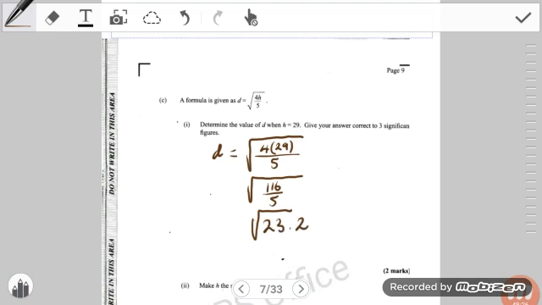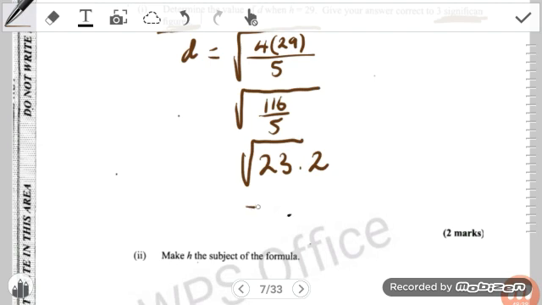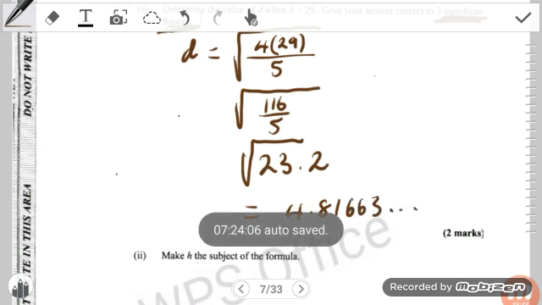So the square root of that 23.2, that's going to give us the result here of 4.81663 and so on. Okay, but we only want 3 significant figures. So our first significant figure is 4, our second significant figure is 8, and our third significant figure is 1.